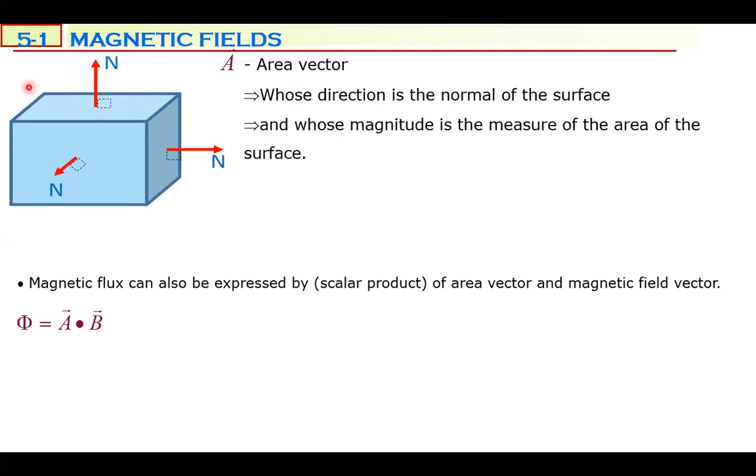That's why magnetic flux can also be expressed by the scalar product of two vectors. One of them is the area vector, the other one is the magnetic field vector. This is just a representation, but we are not going to make any calculation with this one. So you will learn about scalar products in more detail when you go to university.